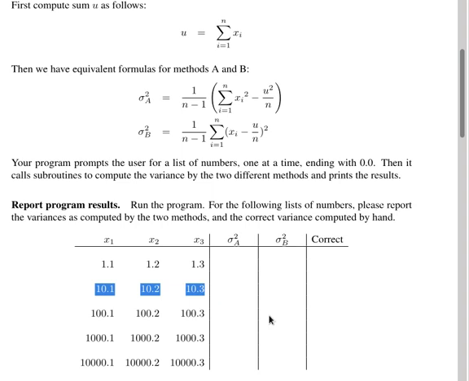If you've ever taken a statistics course, you've seen some of these formulas, but you can eyeball this, and you could say the standard deviation there is just 0.1, and sigma squared is going to be 0.01. The same thing is true here. For all of them, the standard deviation is 0.1, and sigma squared is going to be 0.01.